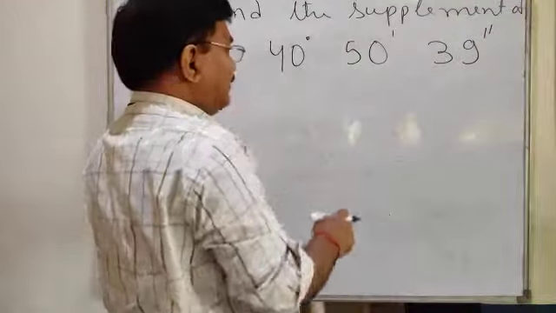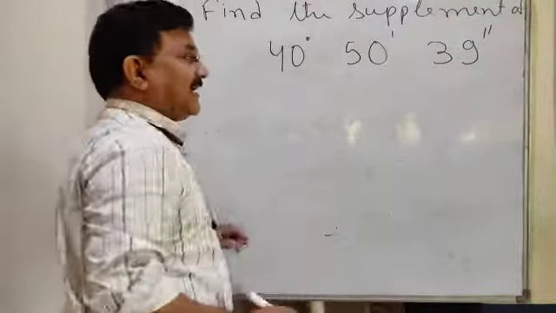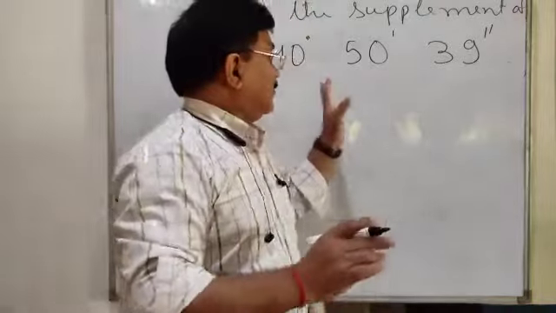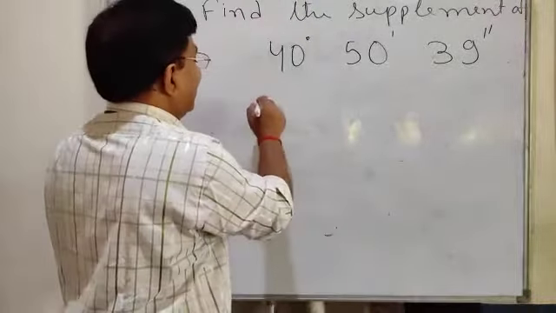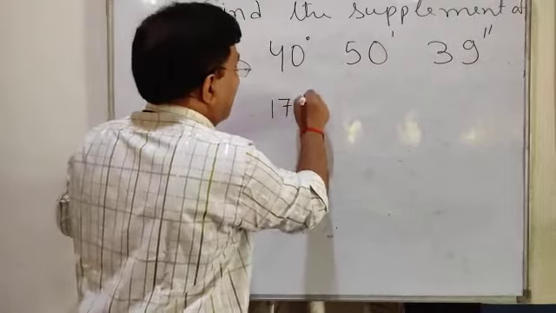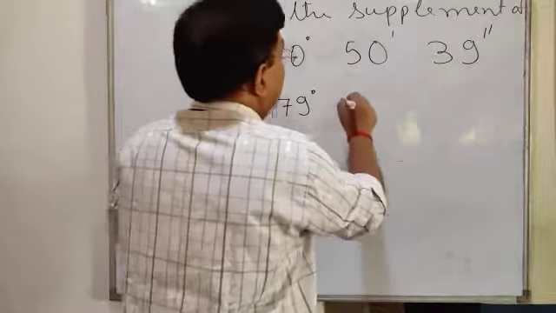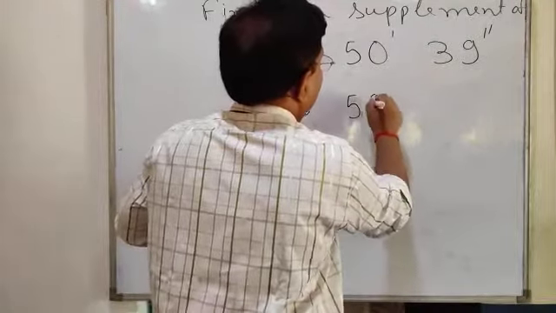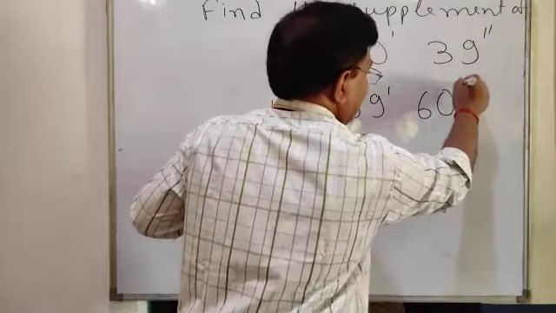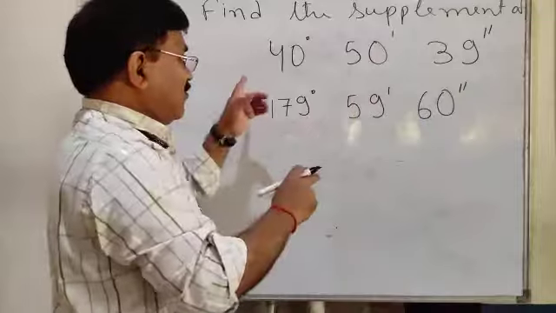Now what you will do, you have to subtract it from 180 degrees. Now you can write 180 degrees as 179 degrees 59 minutes and 60 seconds. Try to understand it.